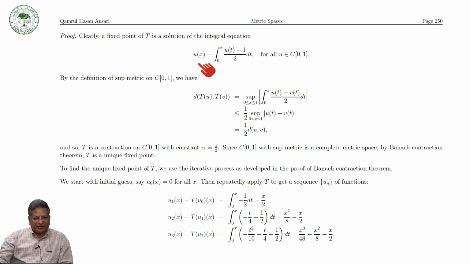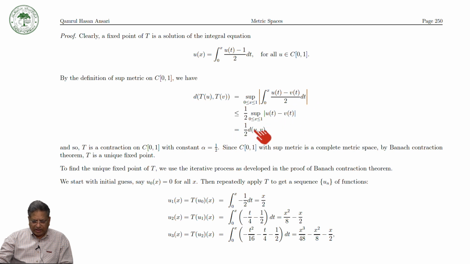Then by the definition of the sup metric we have d(Tu, Tv) is equal to the supremum of this one. But this is less than or equal to, you can take the integral from 0 to infinity of u(t) minus v(t), because this is u(t) minus v(t). So this is less than or equal to this.